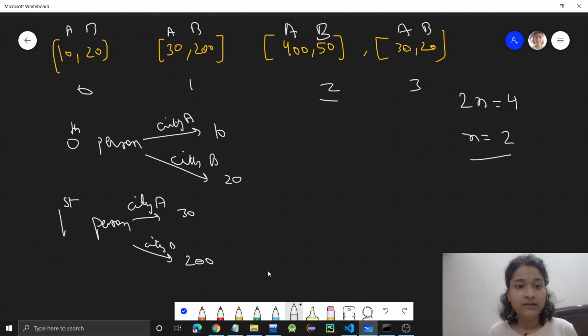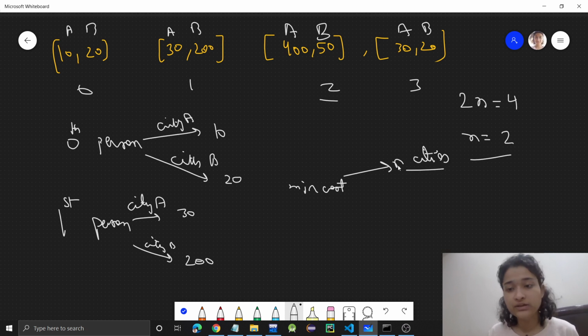Okay. Now guys, see, we have to find minimum cost. Minimum cost required such that all persons fly to n cities, right? Like there are two cities. N person will go to city A and n persons will go to city B.